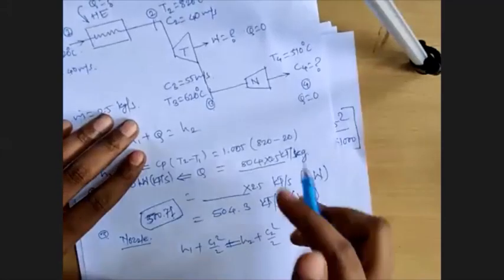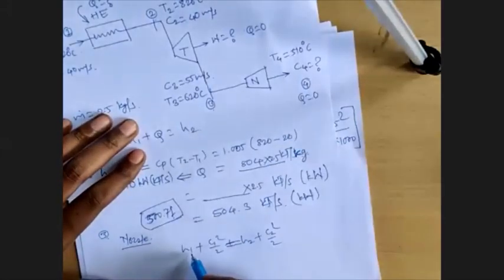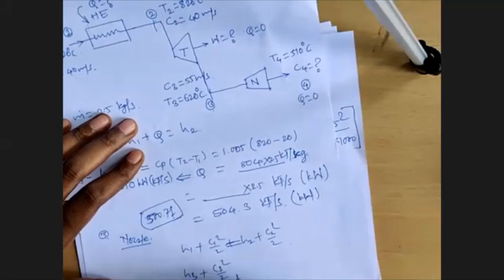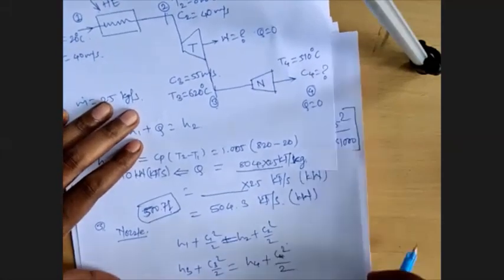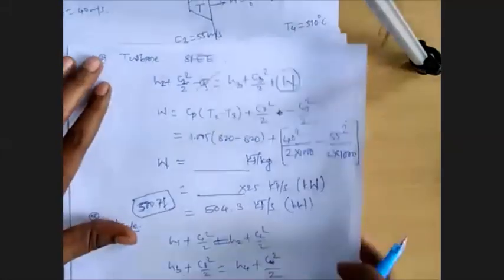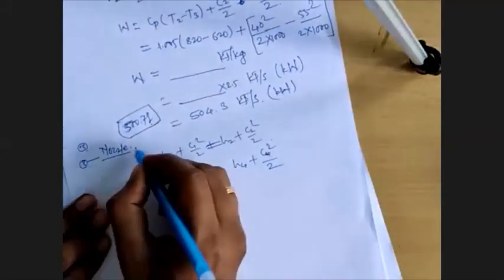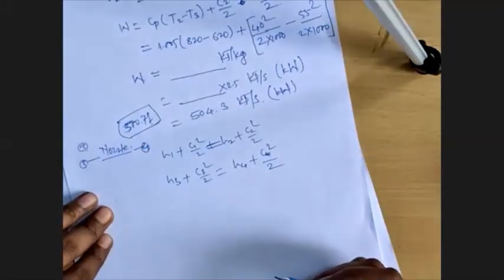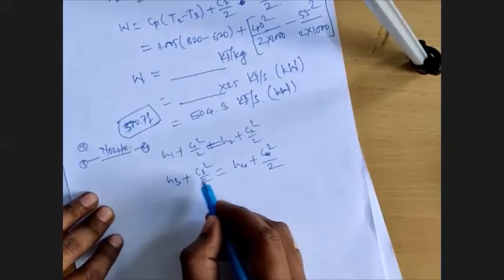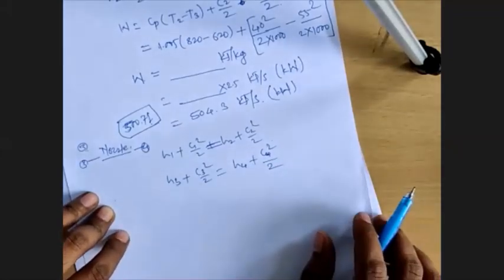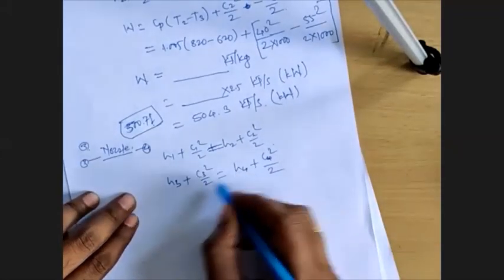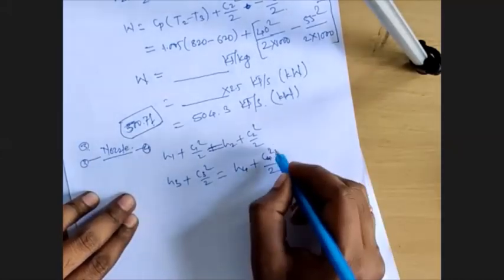H3 plus C3 square by 2 is equal to H4 plus C4 square by 2. Is that correct? Because for nozzle, inlet is 3 and outlet is 4. So this will become H3, C3 and this will become H4, C4. We need to find this C4.